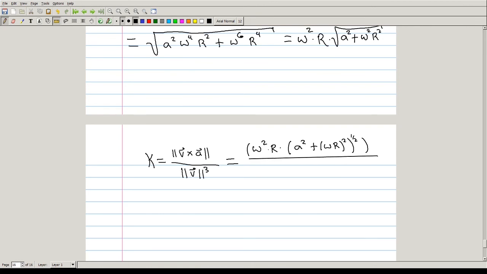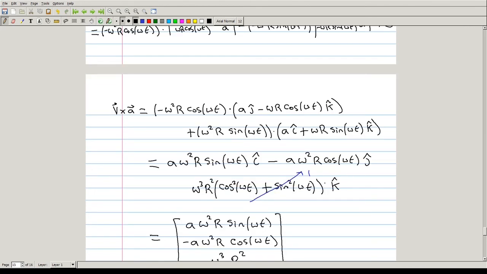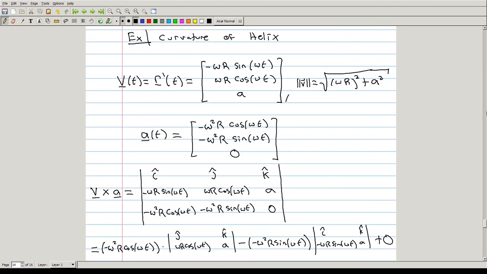divided by the velocity cubed, and the velocity for the helix, remember, was a squared plus omega r squared to the 1/2.